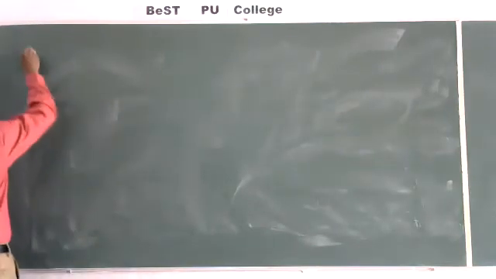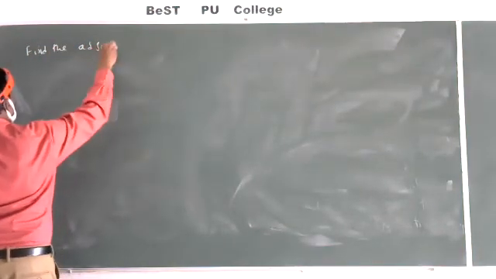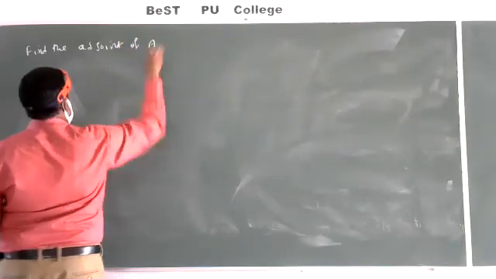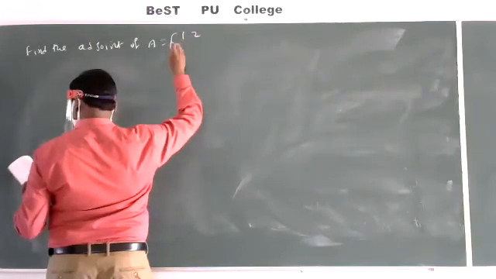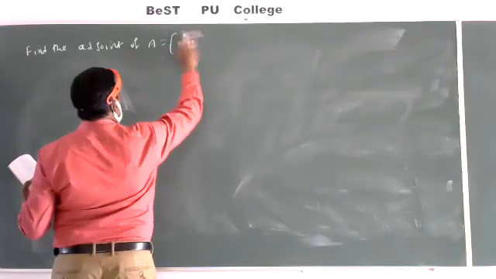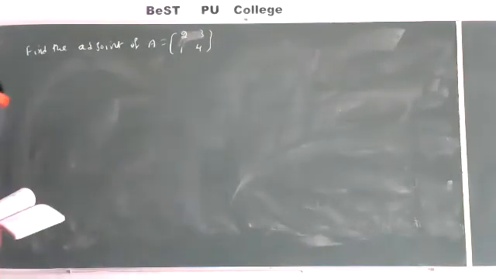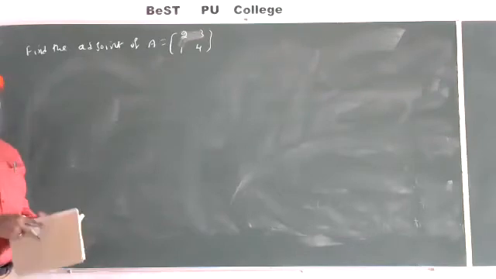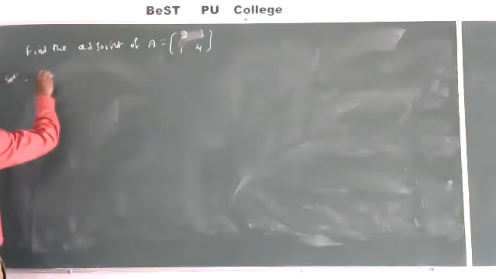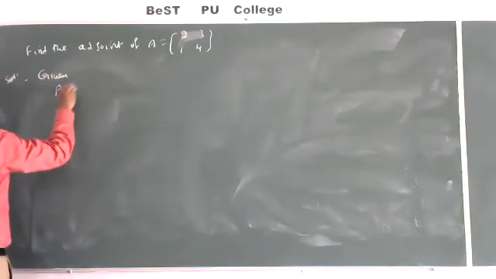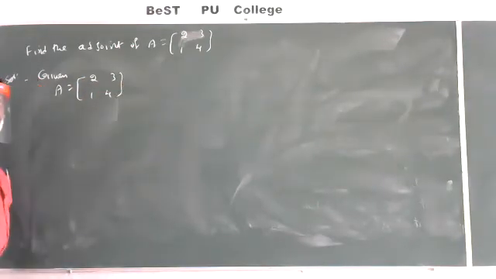Find the adjoint of A, where A equal to 2 3 1 4.